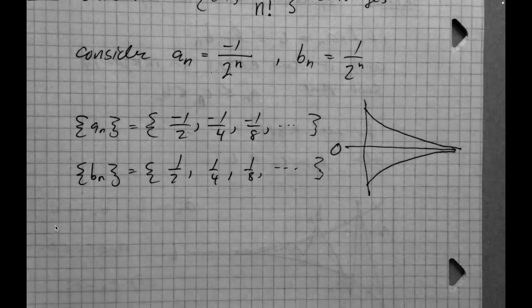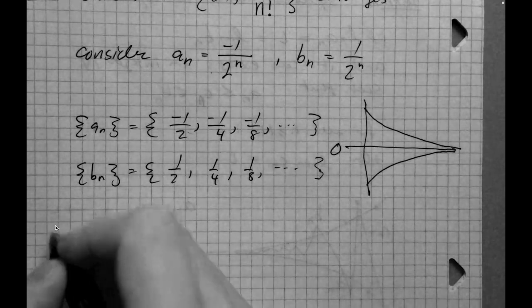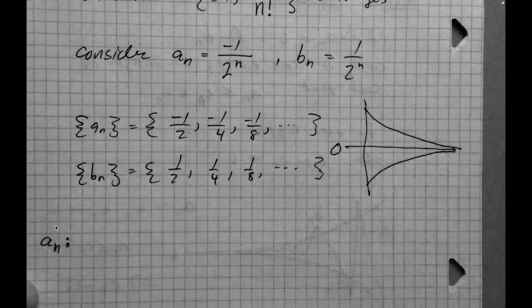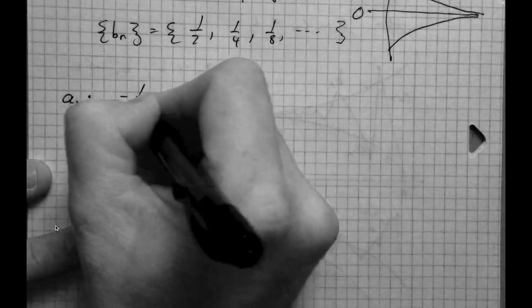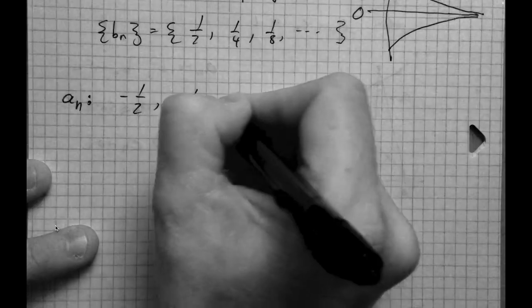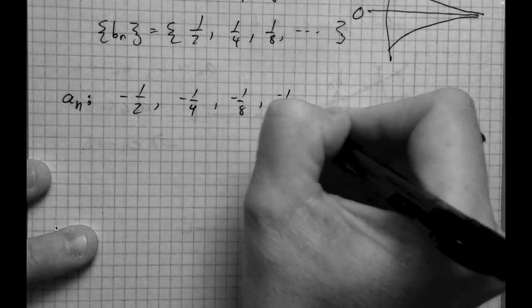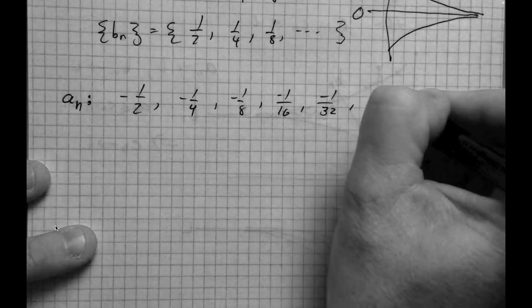So what does c of n look like? Let's actually write some of these terms out here. I think this will be instructive. So a of n, the terms here, I'll just rewrite them: negative 1/2, negative 1/4, negative 1/8, negative 1/16, negative 1/32, and so on.